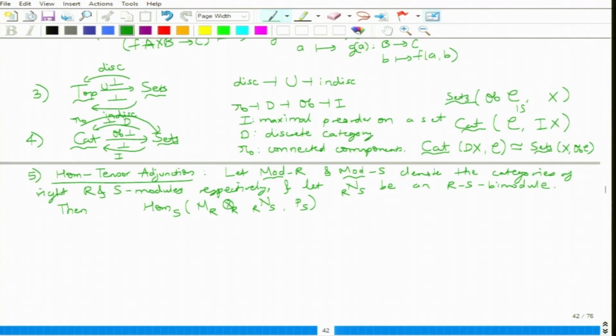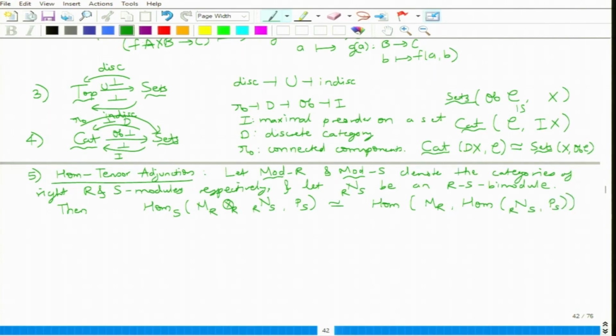So therefore home over S, and this is an abelian group, that's all. There is an isomorphism of this abelian group with another abelian group, which I will write now. So MR is just the right S module, and then home NRS PS.